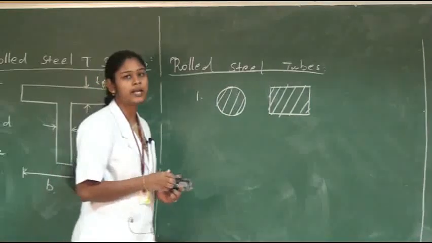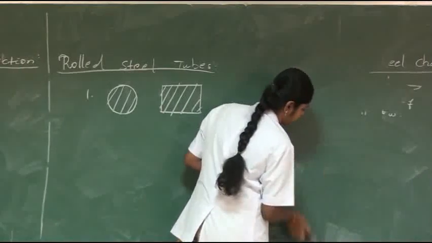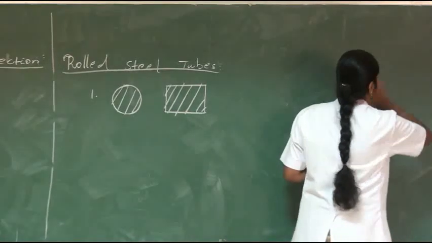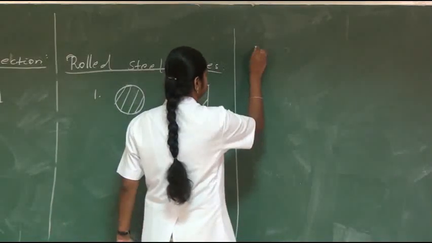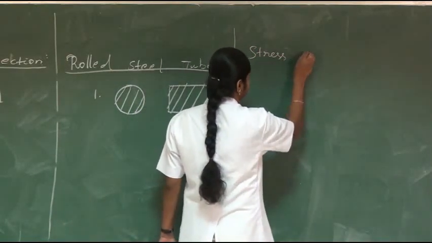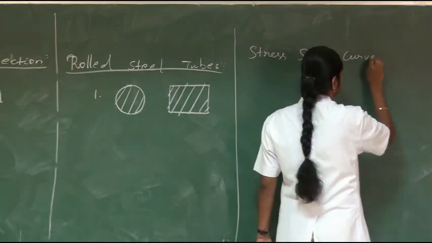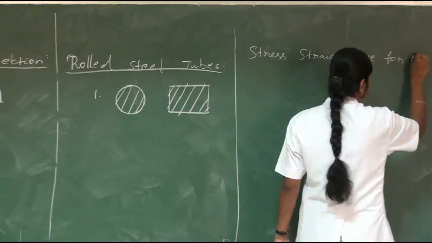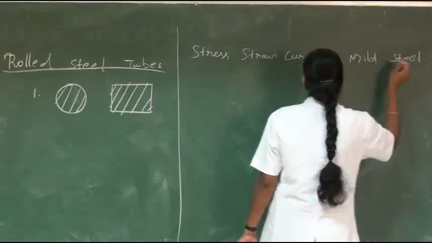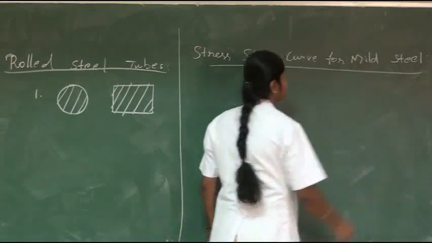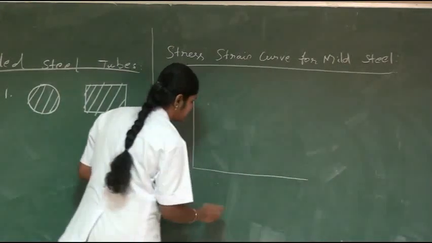Then we are going to see the stress strain curve for mild steel. This is the y-axis and this is the x-axis.